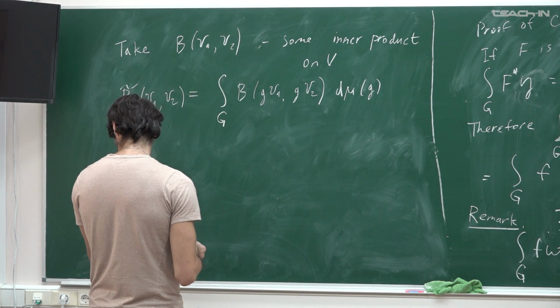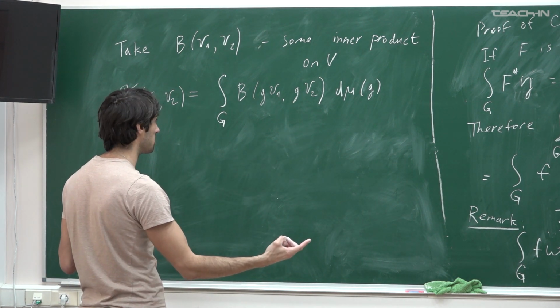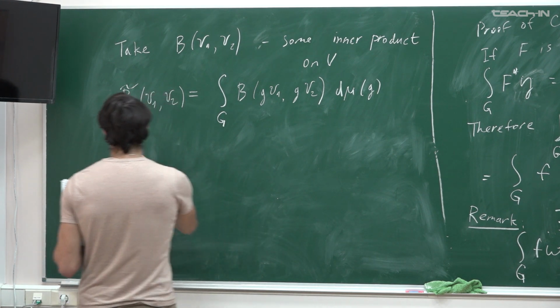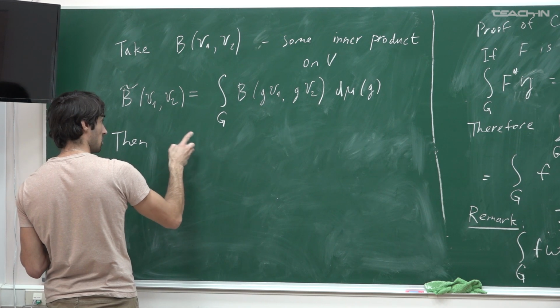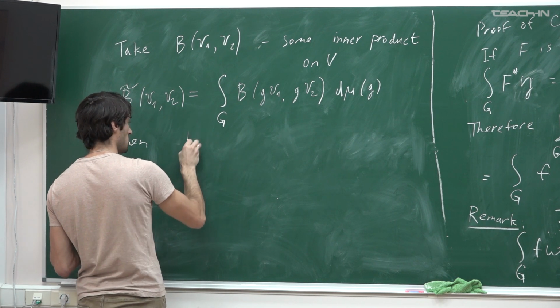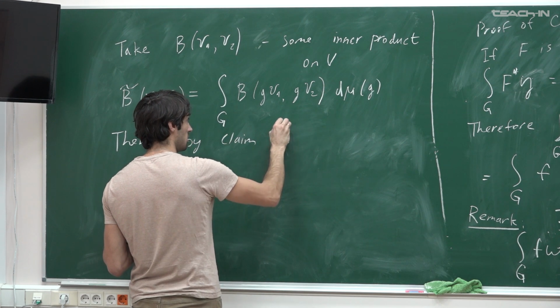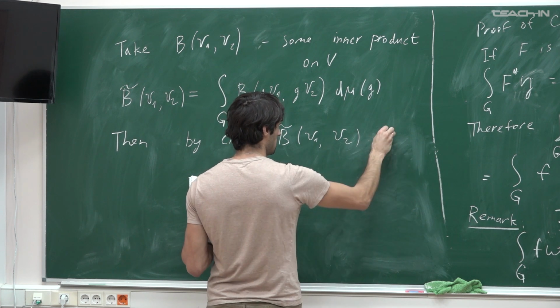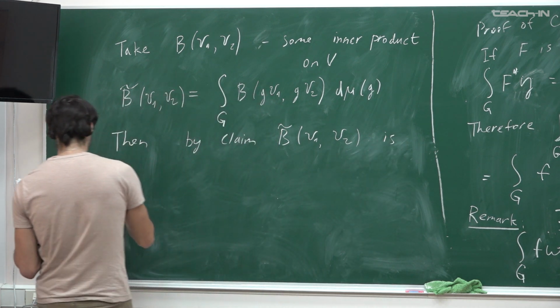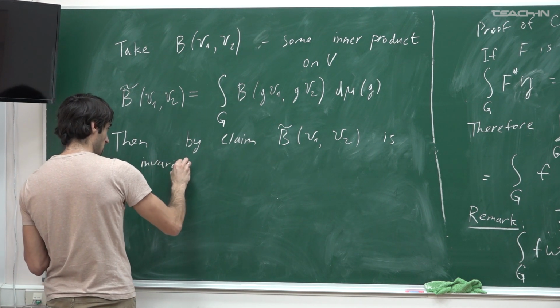All right. Then by the claim, which I erased unfortunately, but we can recover it, B tilde of v1, v2 is an invariant inner product.